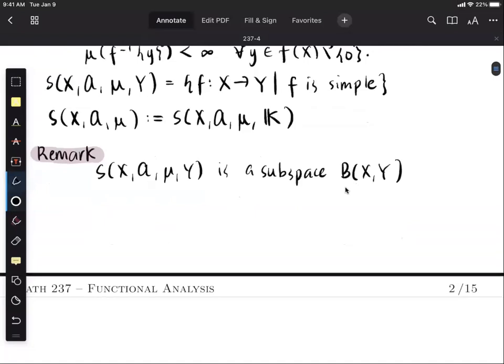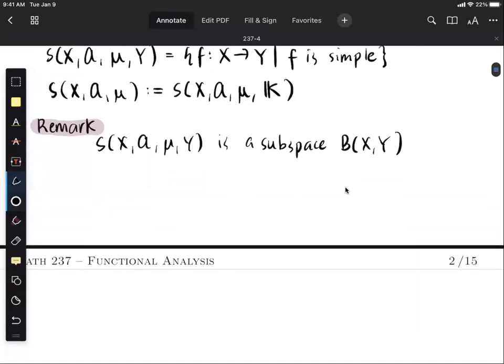Simple functions have finite ranges. And moreover, the norm of a simple function f belonging to this space is a simple function having values in the field of real numbers.